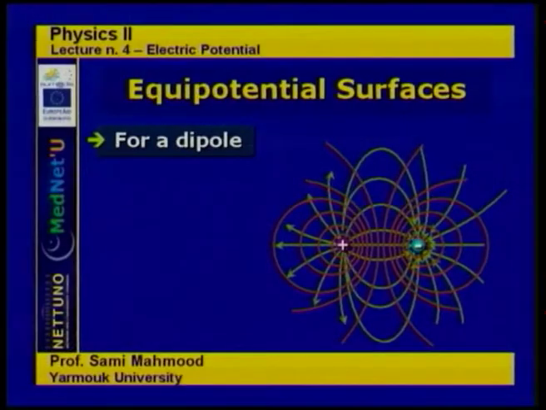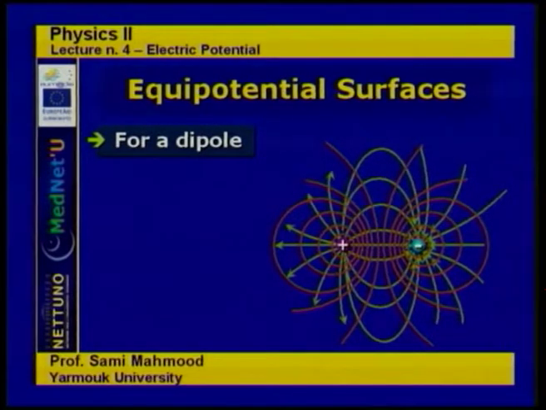Now, according to this argument, we can construct the equipotential surfaces for any distribution of charges. For simplicity, if we assume that we have a dipole, a positive charge and a negative charge with a separation between them, then the field lines are constructed as before, and the equipotential surfaces in red are the surfaces that are constructed normal, or perpendicular, to the field lines at all points.